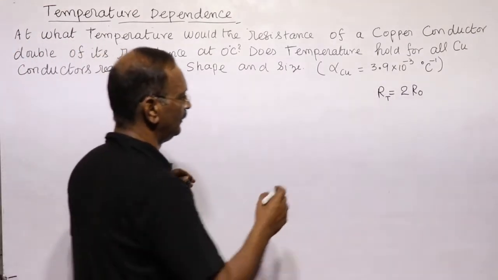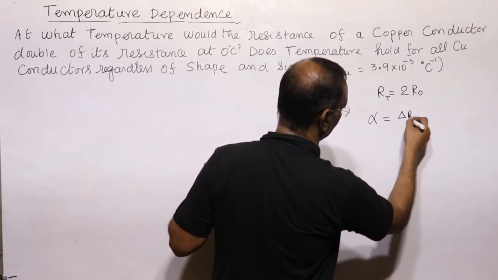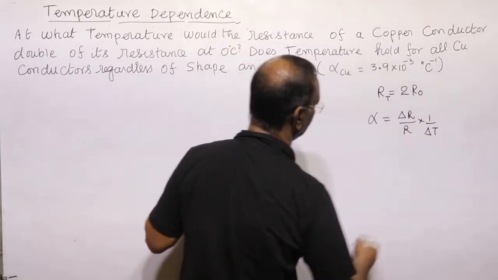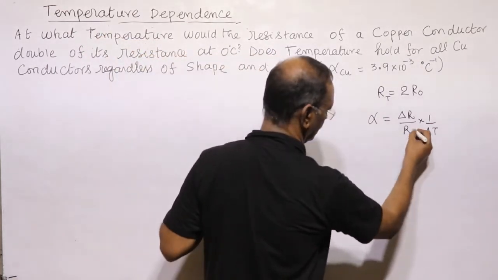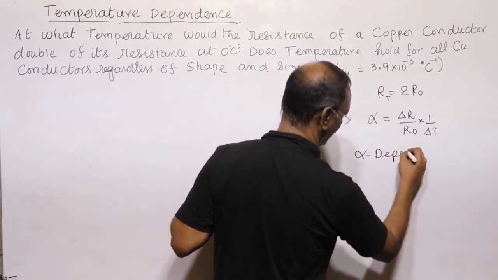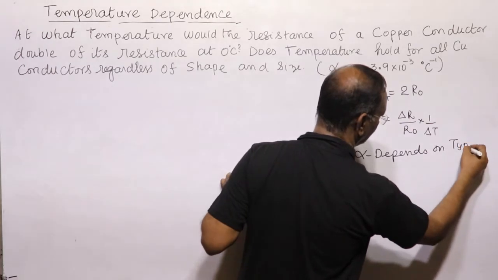Since alpha is equal to delta R by R naught into 1 by delta T, it depends upon R naught. So alpha depends on the type of material.